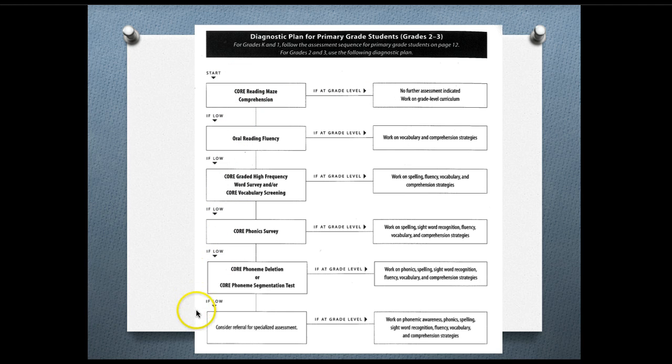But for us, we're actually going to go in the opposite direction, because we might get a K or 1 student. In that case, you would not want to start with comprehension because that would be too difficult for your child. So we would start at the bottom, working with phonemes, and then move up. If they're doing okay here, then you move on to the next test. So we're actually going from the bottom up.